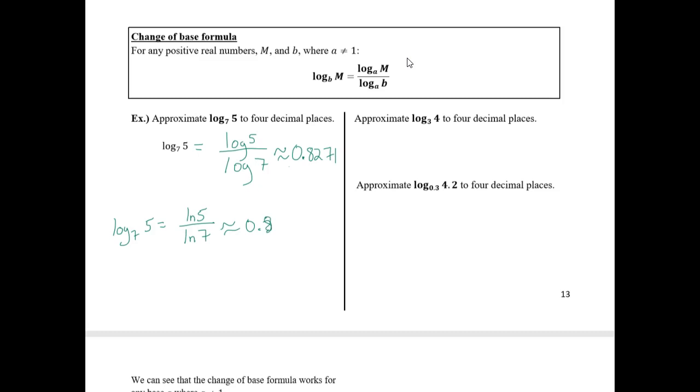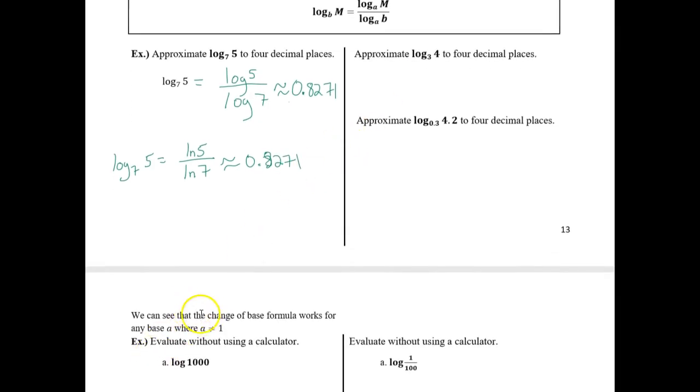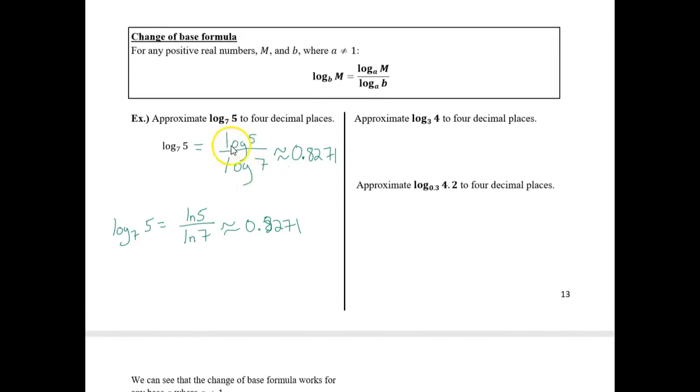So 0.8271. As you can see, it doesn't matter the base that you choose. The change of base formula works for any base where a is not 1. But in general, we're going to pick either the common log or the natural log because those are what most calculators have. Go ahead and try these two examples on the right-hand side.